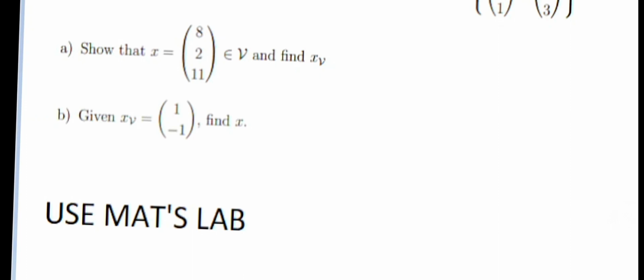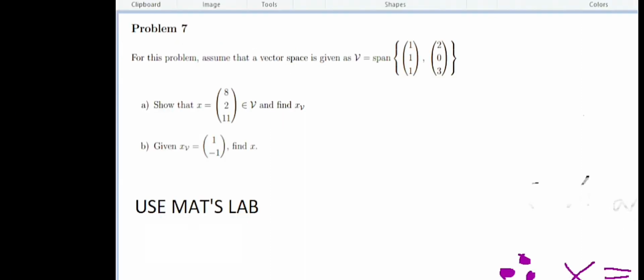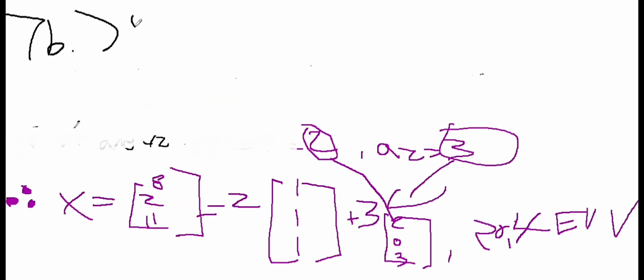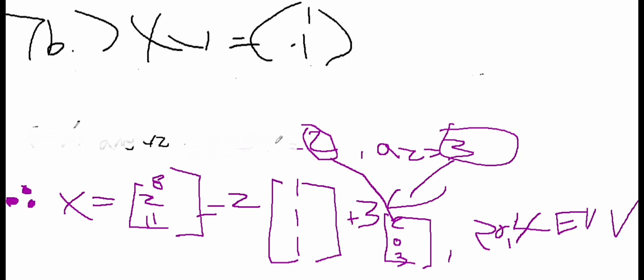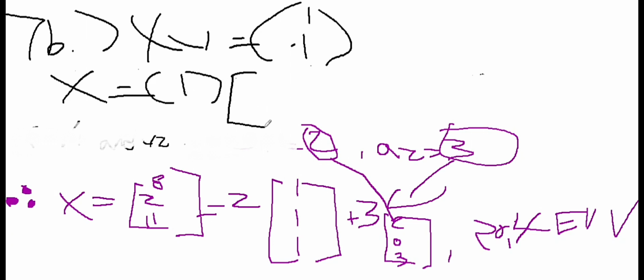So 7b, super simple. Basically all you need to know, x of vector is equal to 1, negative 1. So x is equal to special 1. And then again, we see this all the time in linear algebra, 1, 1, 1 minus special 1.